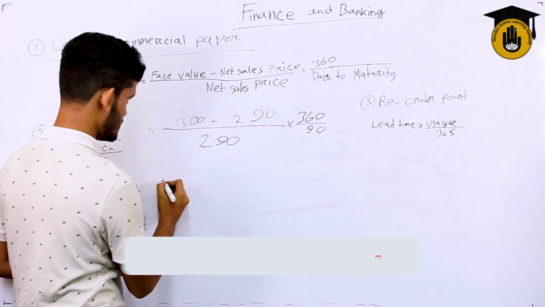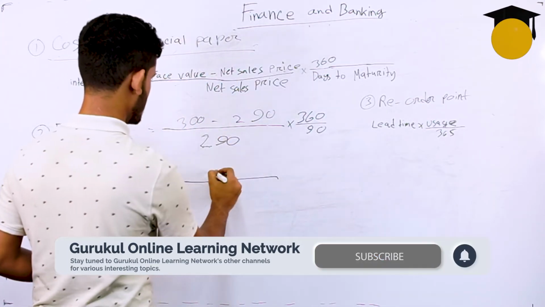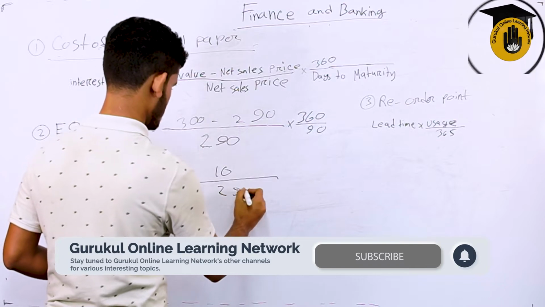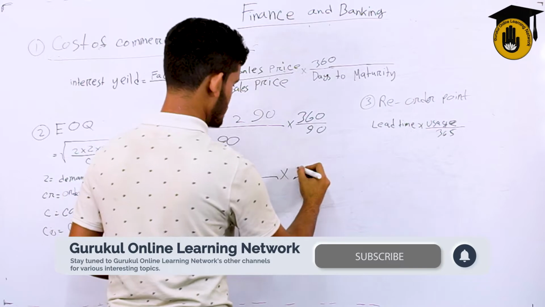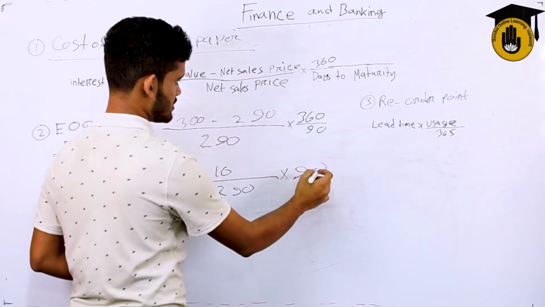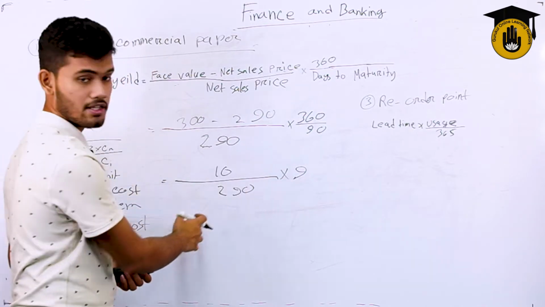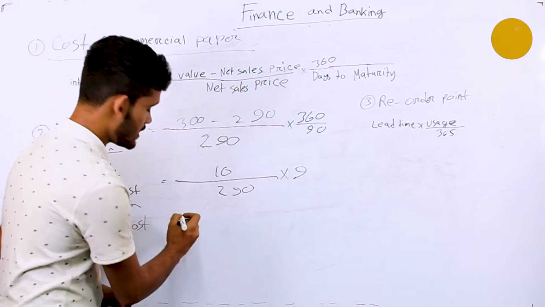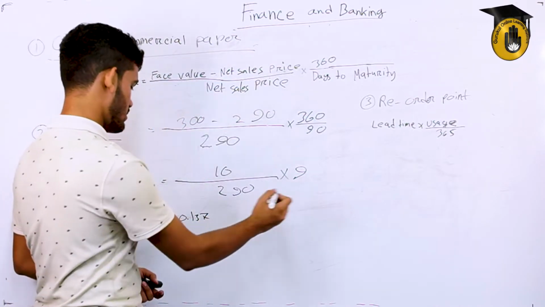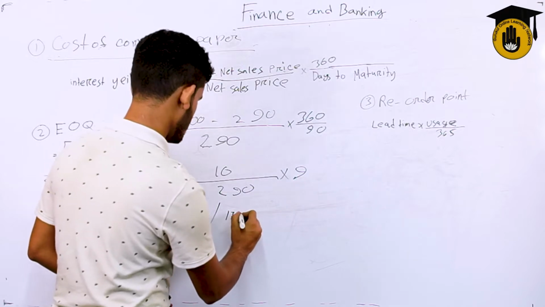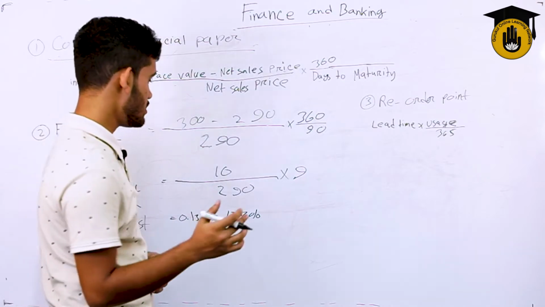So, let's do a quick math. 10 divided by 290 into 360 over 90. 360 divided by 90 is only 4. Sorry, 10 divided by 290 into 4. The final result will be 0.137 and so on. We can take that as 13.7%. So that's the interest yield of a commercial paper.